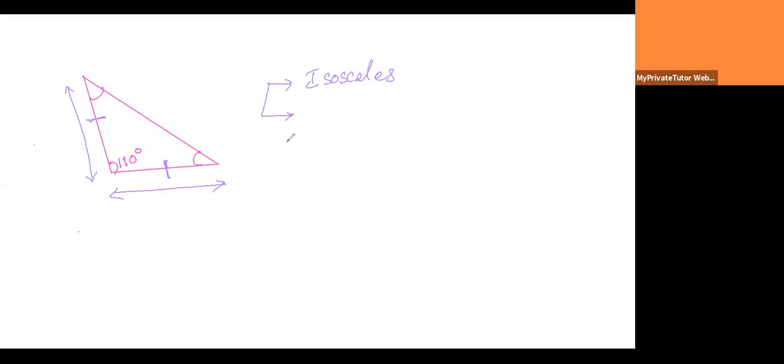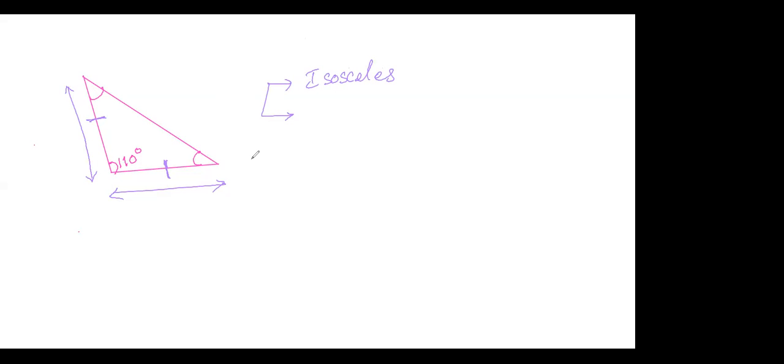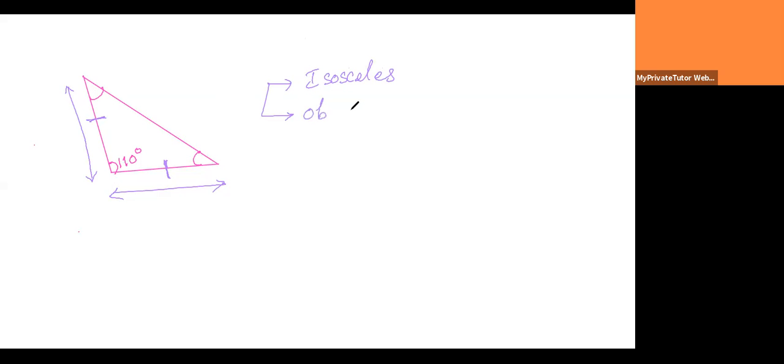Two sides are equal, which means two angles must be equal. Obtuse triangle is also fine, good. But my question is, please find these two angles, let's say angle A and angle C.